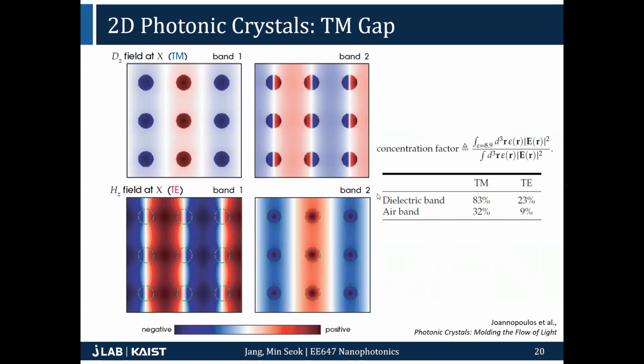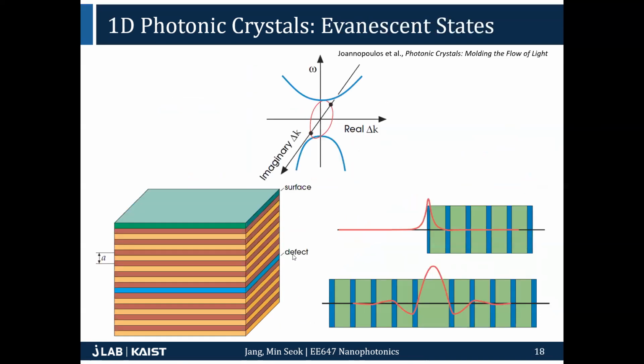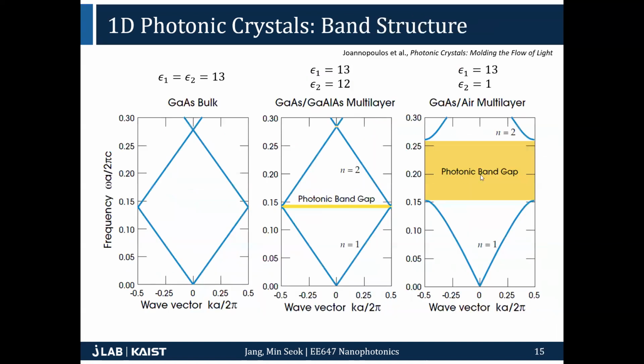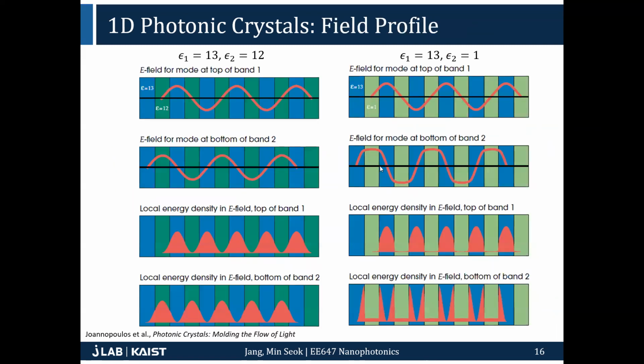As I said, the omega difference between the top of a lower band and the bottom of an upper band is determined by how much energy is concentrated in the high index medium.